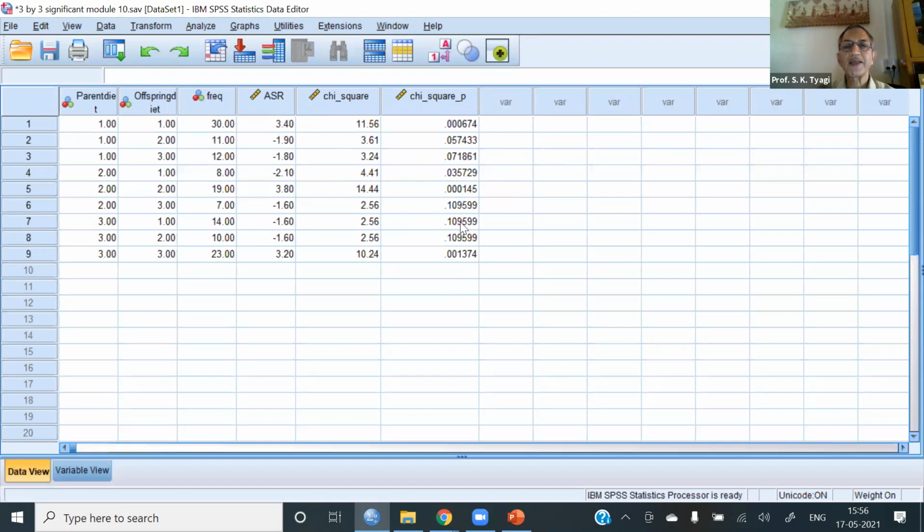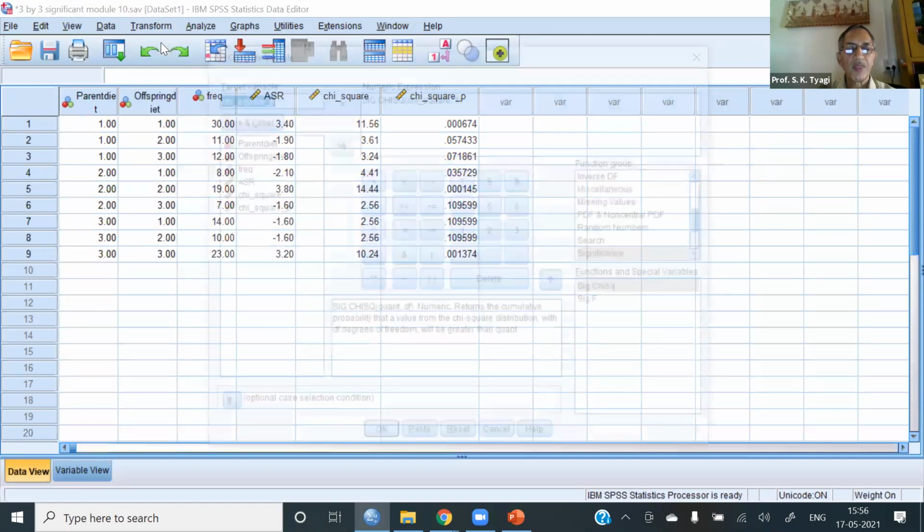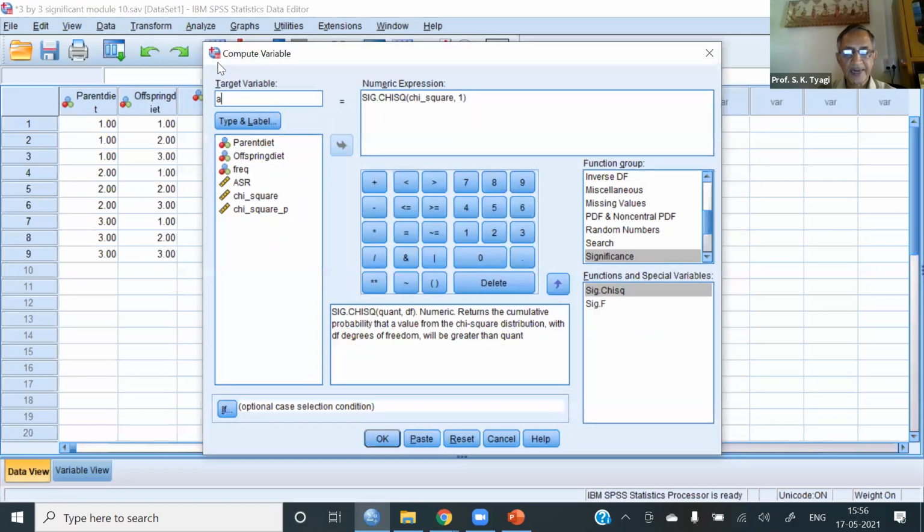Now we multiply these p-values by 9. And again, for the last time we compute a new variable, adjusted p. This is adjusted p. And what is the formula for adjusted p? Formula is this multiplied by 9. Multiply these p-values by 9. Okay.